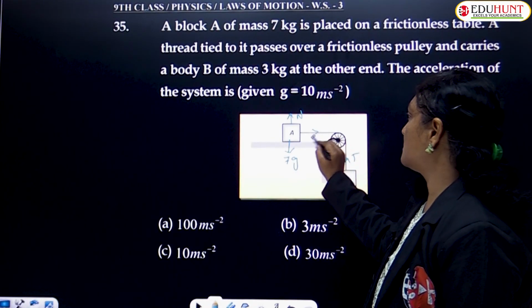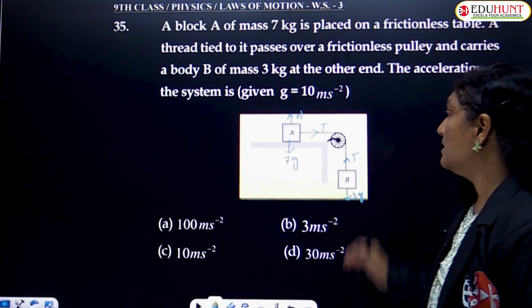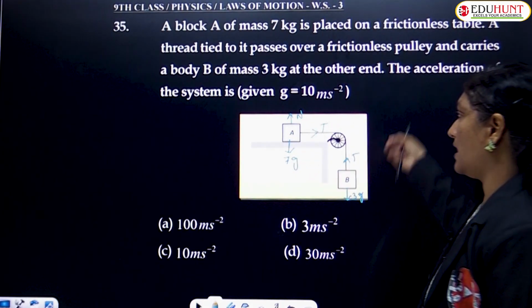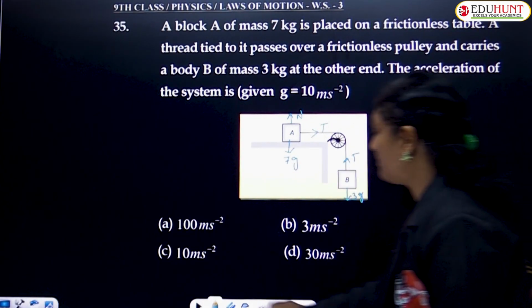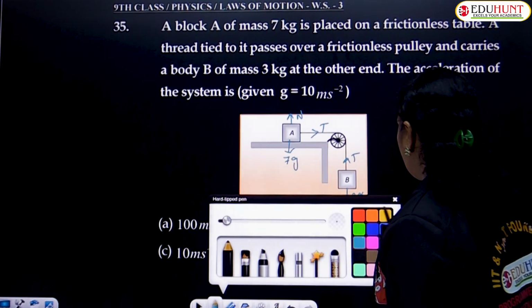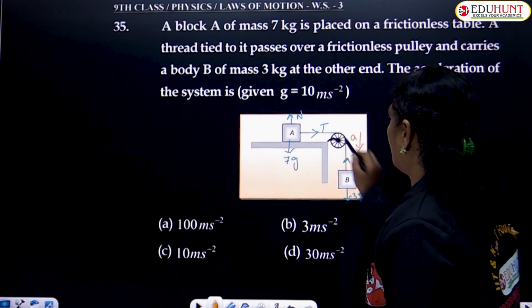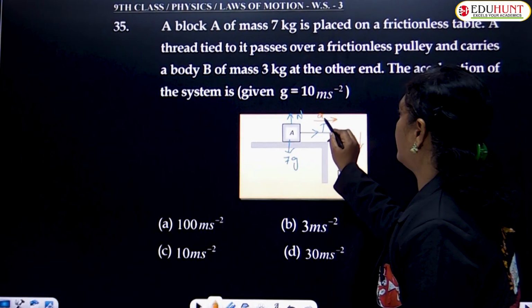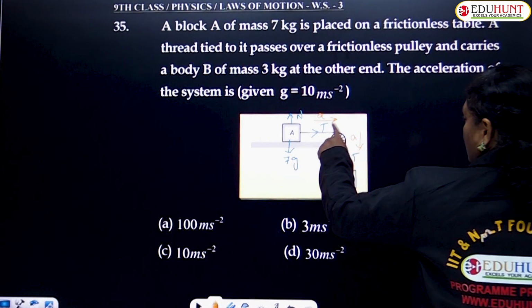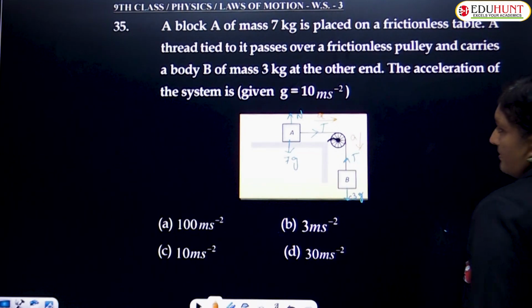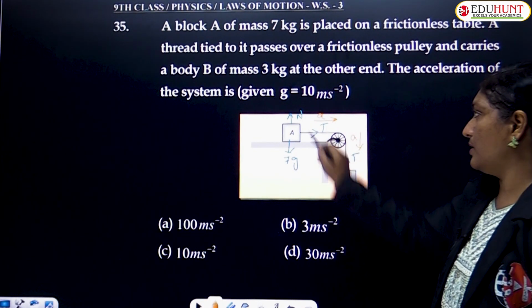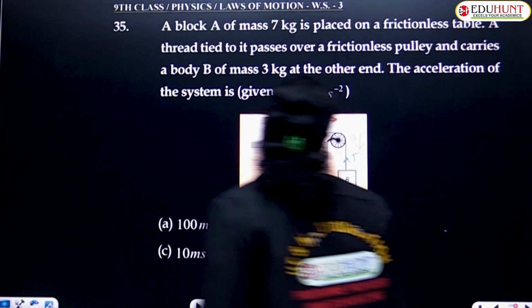But the tension in the string will be acting towards the right side. Because of this tension, A is being accelerated. If the system is accelerated downwards, then A must be accelerated to the right side. This tension pulls the block towards the right, whereas the weight of the body is balanced by the normal reaction.